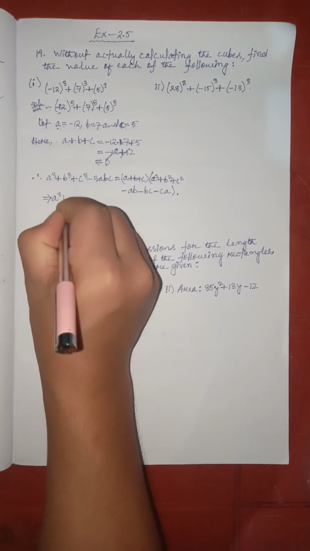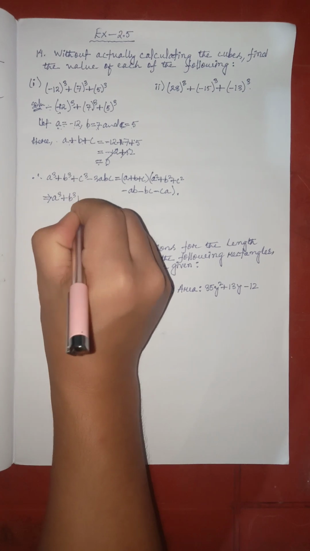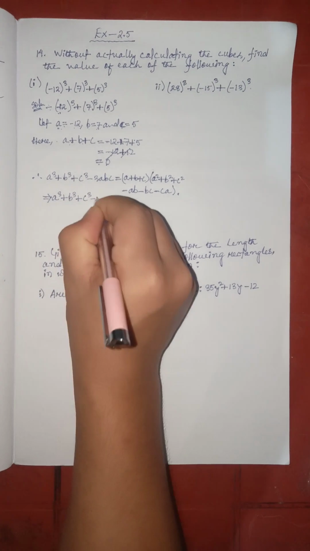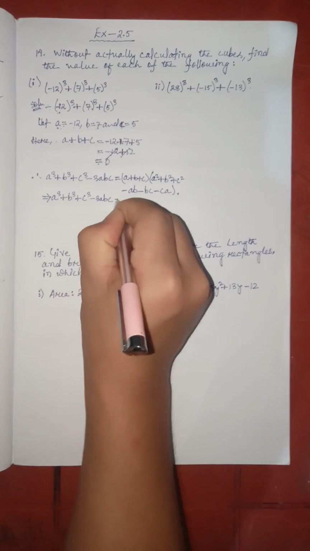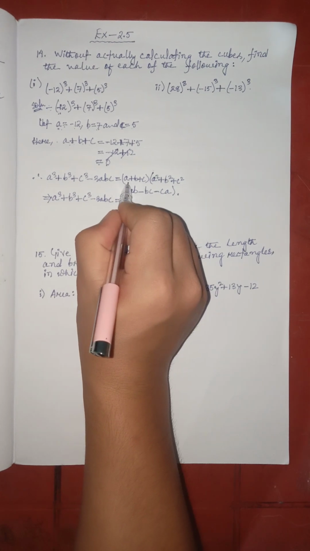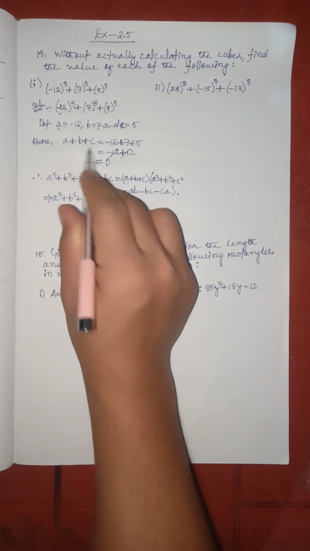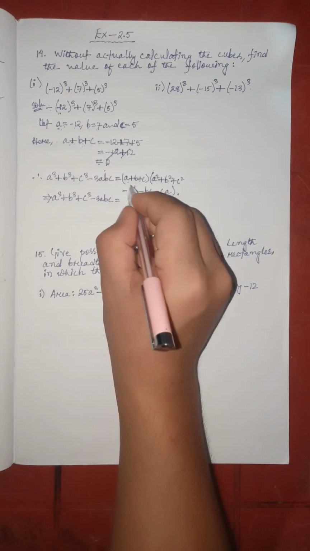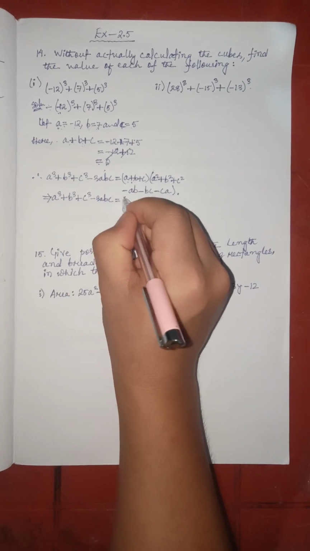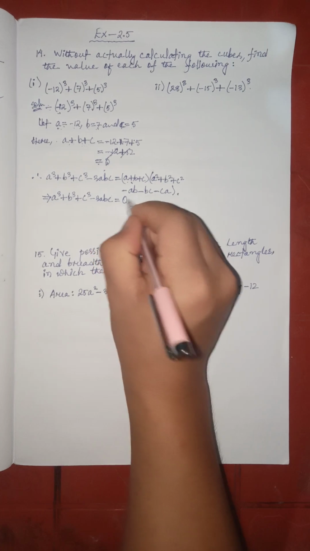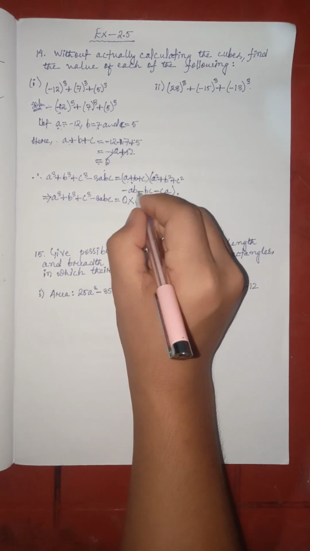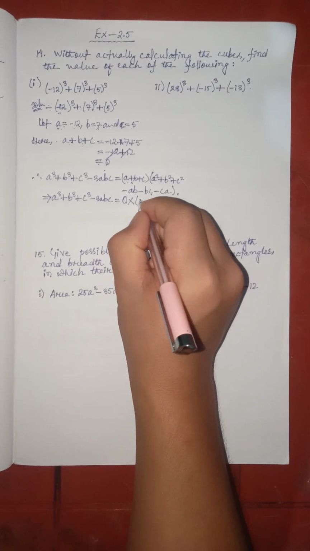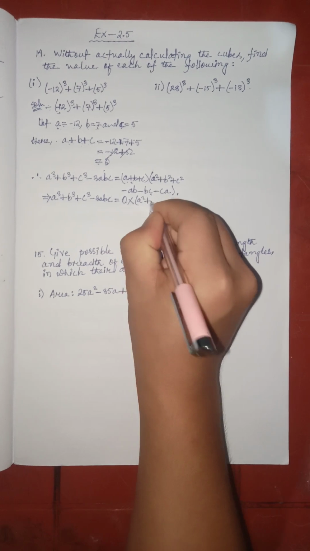Now let us see the value of a plus b plus c. It is 0. So in place of it, let us put that, and write the rest as it is.